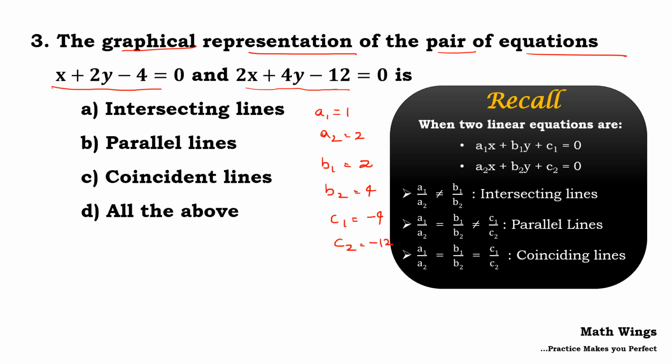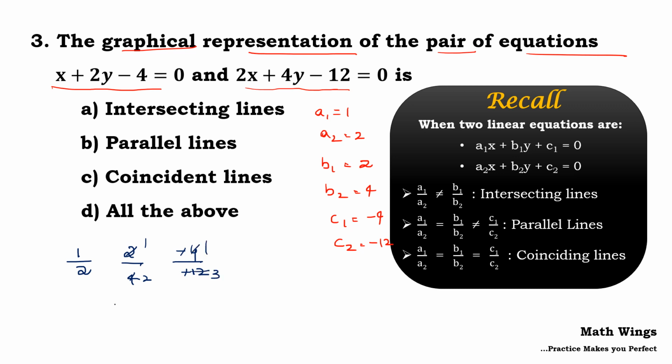So let us write the ratios to compare them. We have 1 by 2, then 2 by 4, and the third ratio is -4 by -12. Two ones are 2, two twos are 4, so minus and minus get cancelled here. Four ones are 4, four threes are 12.